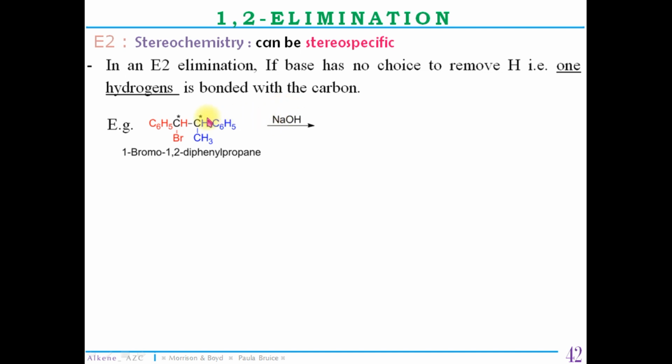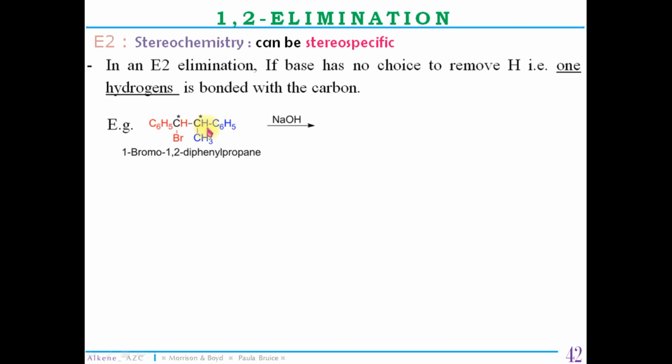The base abstracts hydrogen from the beta carbon. In our example, here is the alpha carbon connected with the halogen, and the adjacent carbon where only one hydrogen is there. On the other side of the alpha carbon, a phenyl group is there. So here there is only one beta carbon which has hydrogen, and only a single hydrogen.